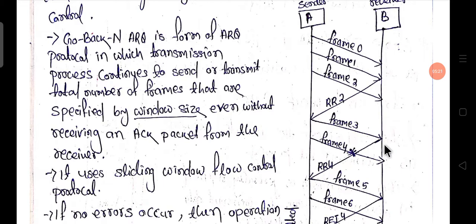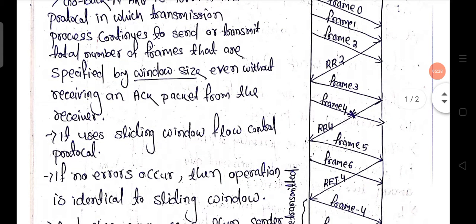Here the error is occurring in frame 4. Acknowledgement 4 is given, and then frames 5 and 6 are transmitted.